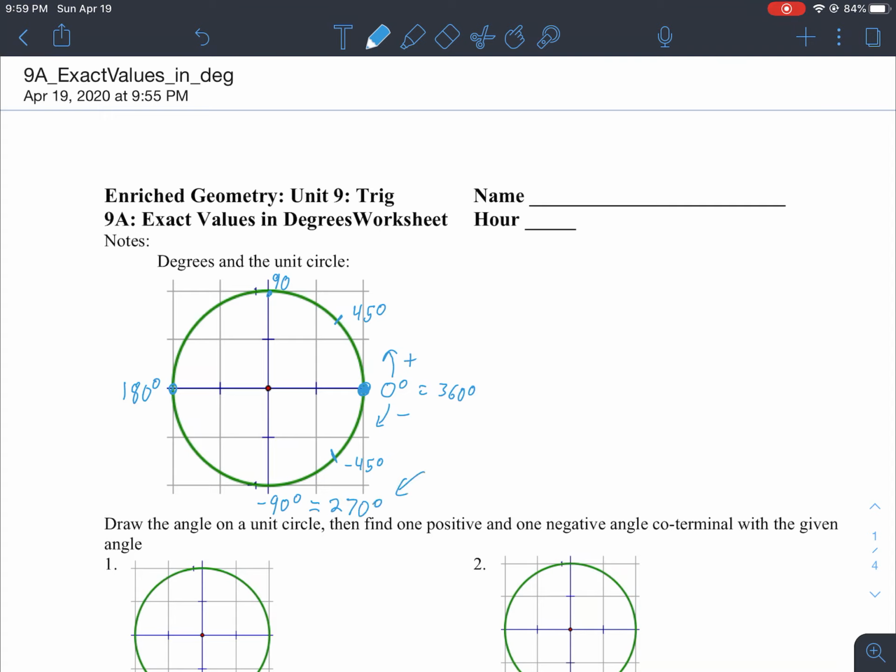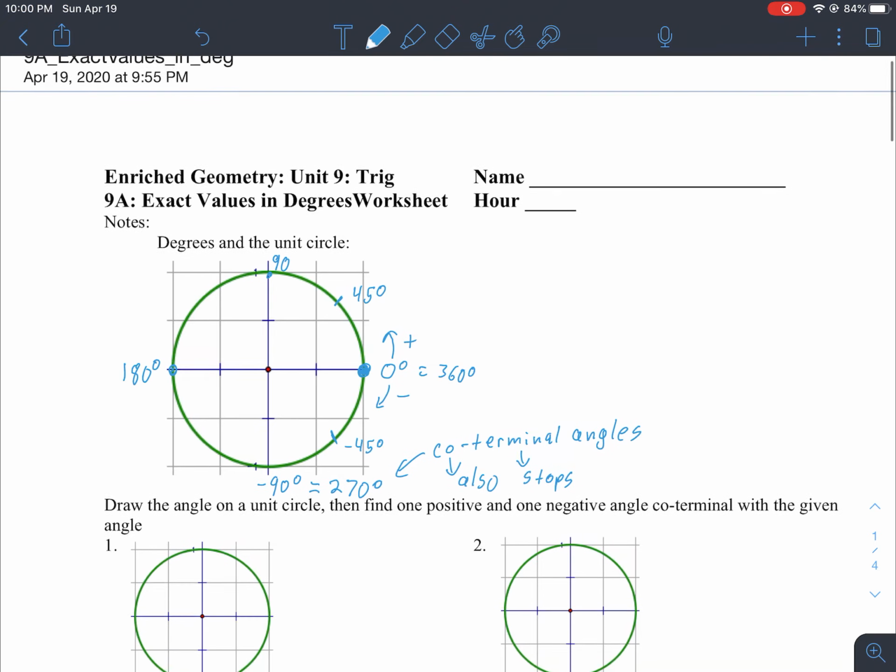So those are called coterminal angles. Co means also, or something close to that, and terminal, like a train drives into the terminal and stops. The Terminator stops things, if you've seen the movie.